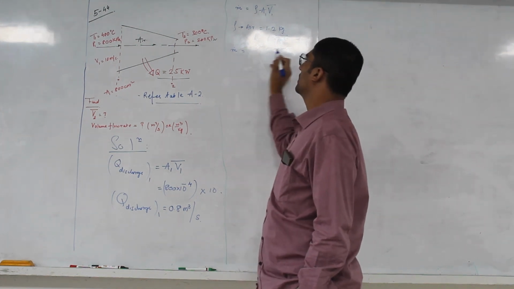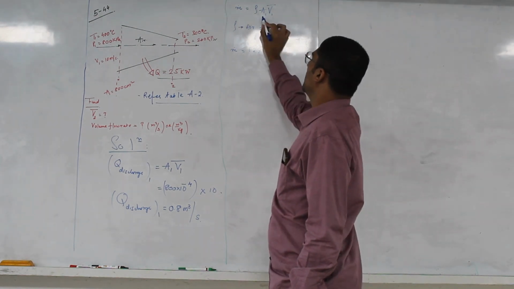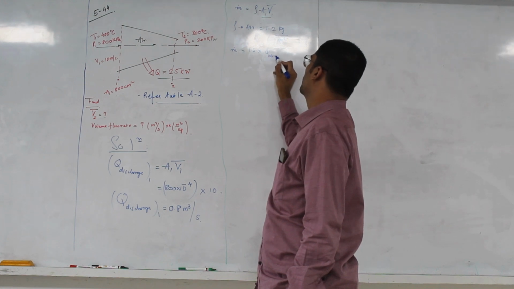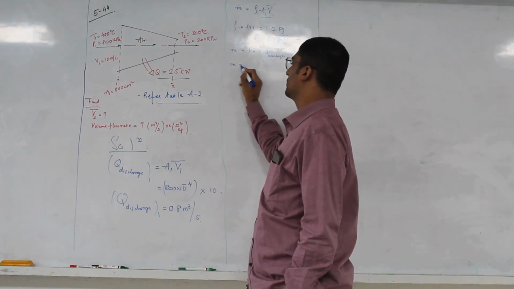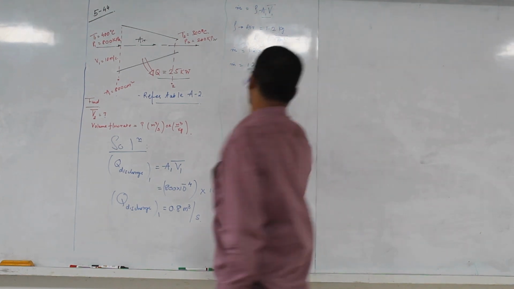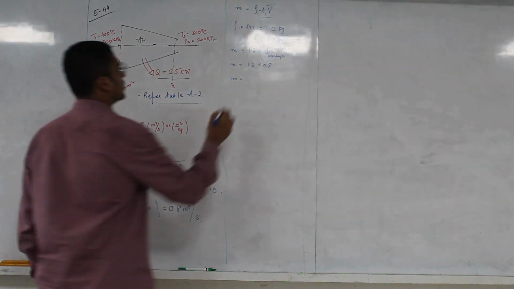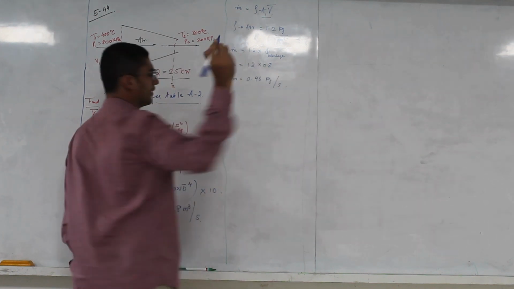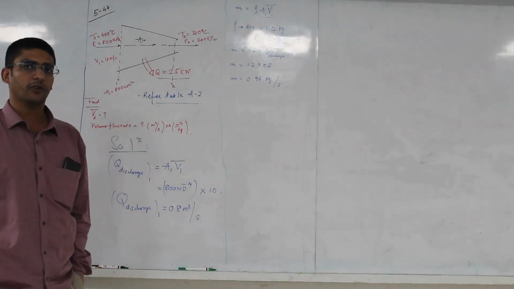So m dot is equal to 1.2 multiplied by A1 into V1, which I can directly write as Q, discharge. So m dot is equal to 1.2 multiplied by 0.8. So m dot will become 0.96 kg per second.